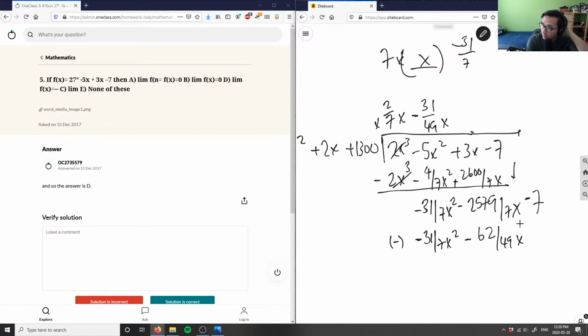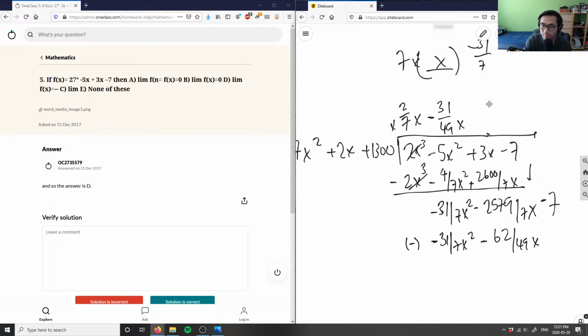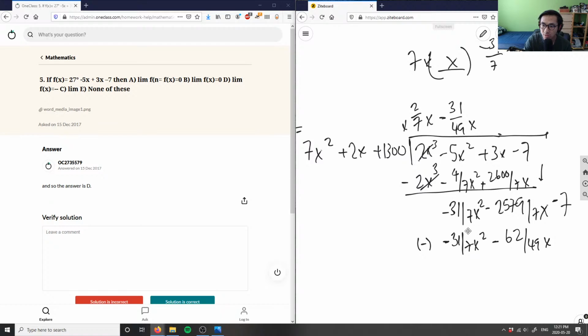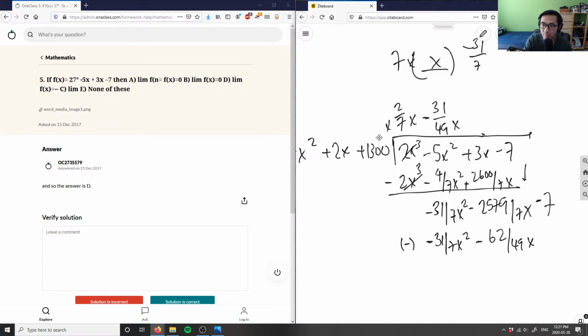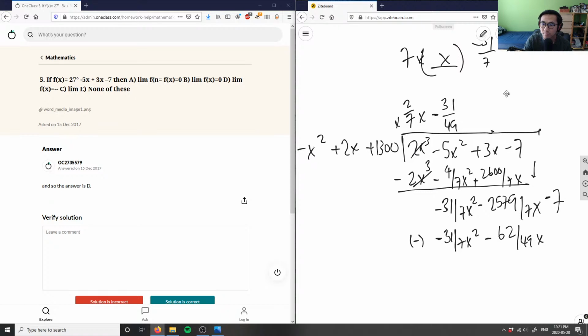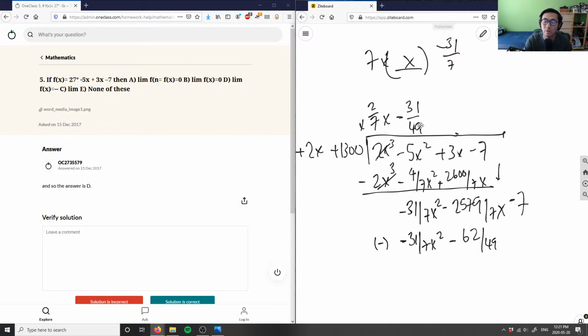And then finally, this here is x squared, which is good. Oh no, this is simply just x here, sorry. So this here would be x here. And then -31 over 49 times 1300.